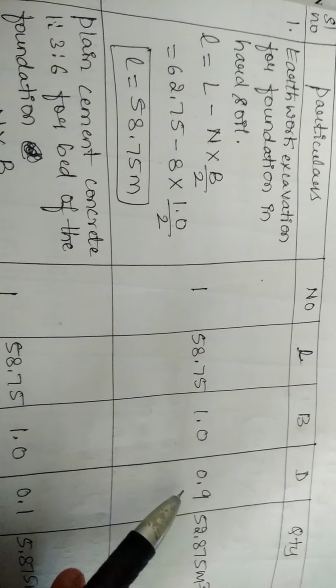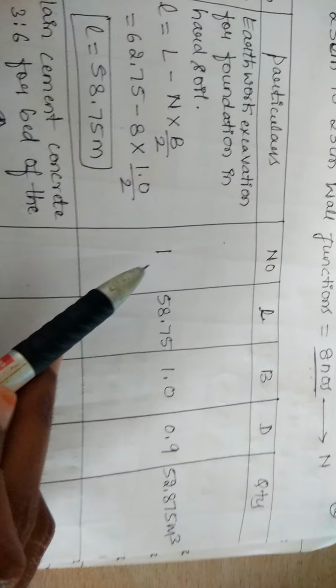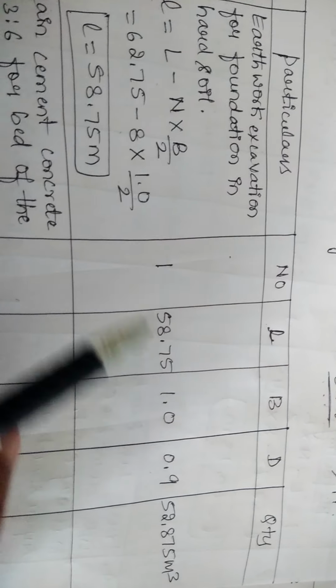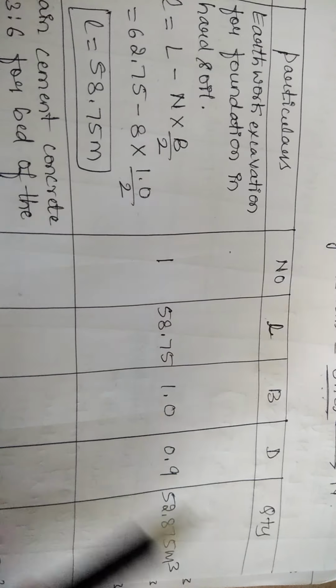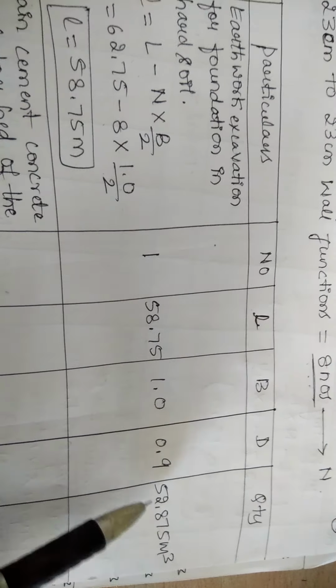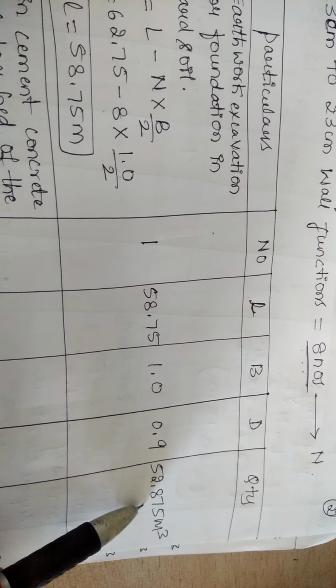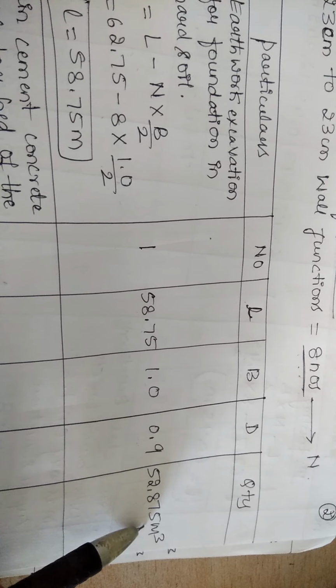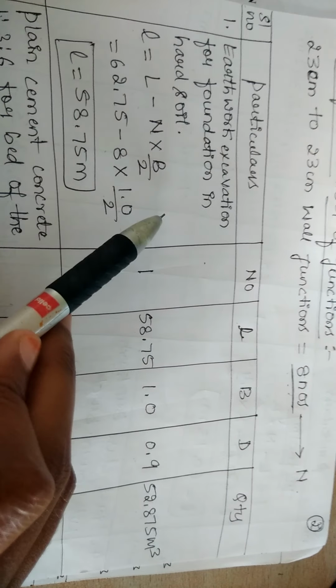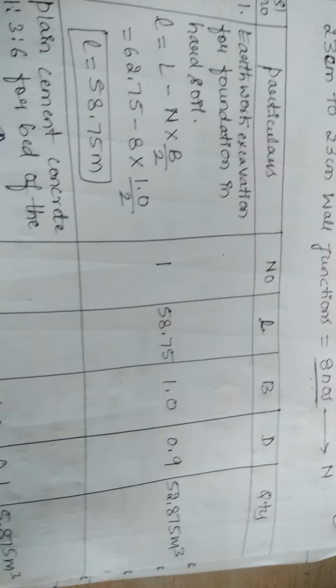So now in the place of D, you substitute the value as 0.9. Once all the values are filled up, you have to multiply all the 4 values. On multiplying all these 4 values, you will get the final quantity of the particular item of work, and the final quantity is 52.875, which is expressed in terms of meter cube. So this gives you the final quantity for the earthwork excavation, and that completes the first item.